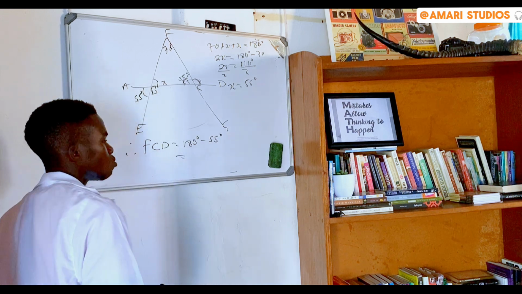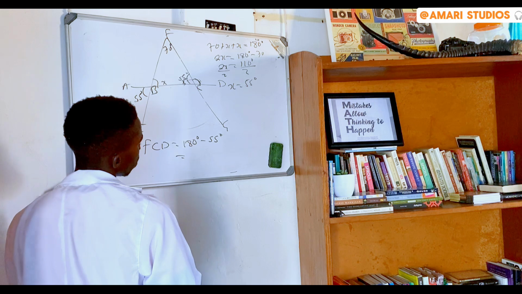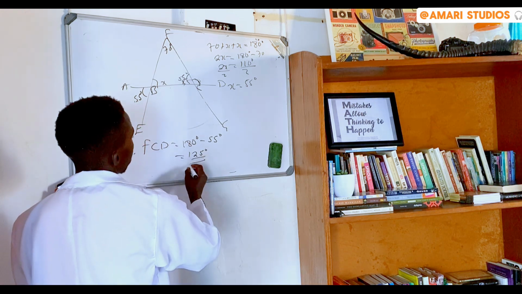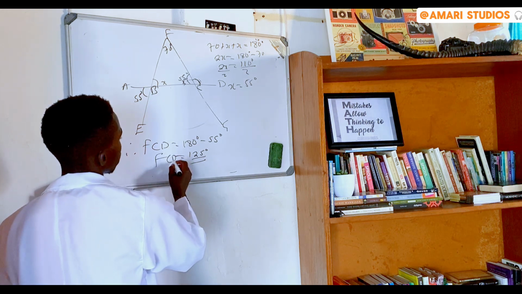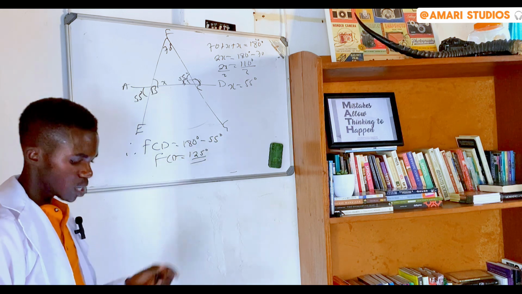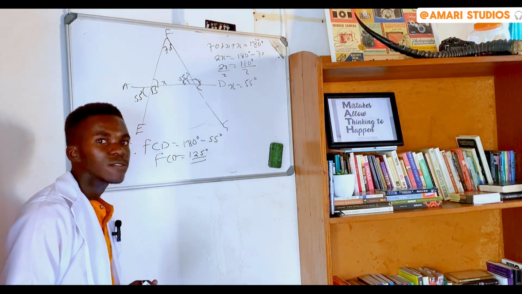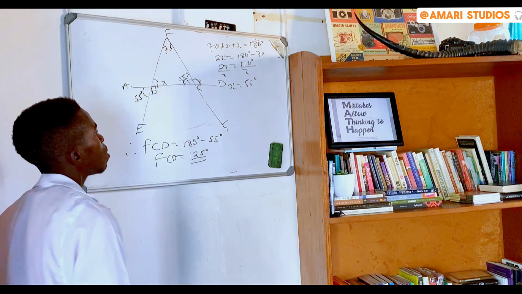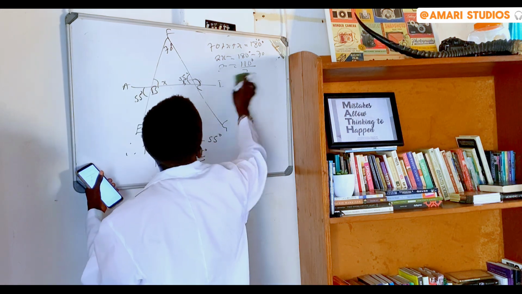If you subtract those two numbers, you are going to get 125 degrees as your final answer. So our FCD was actually 125 degrees.